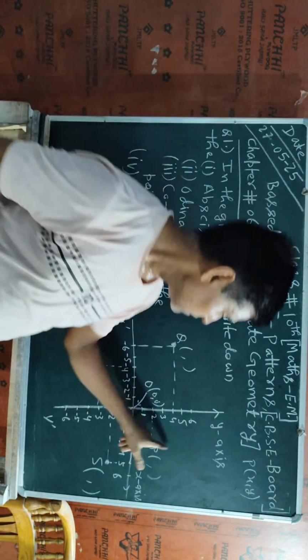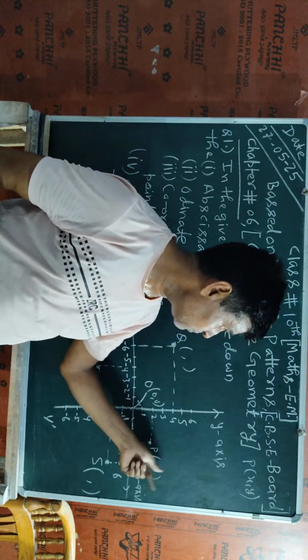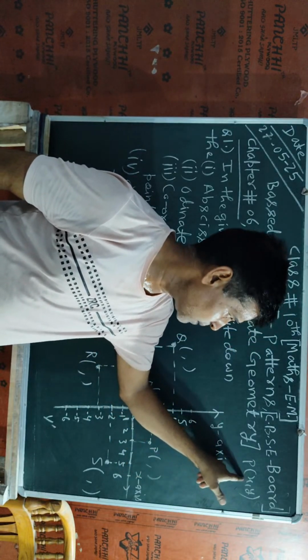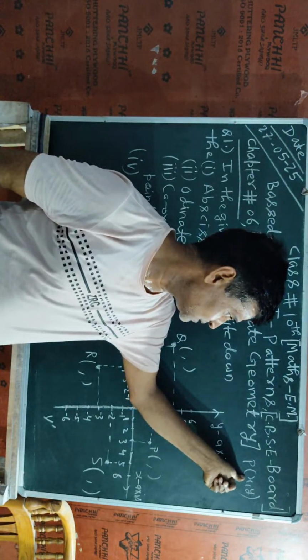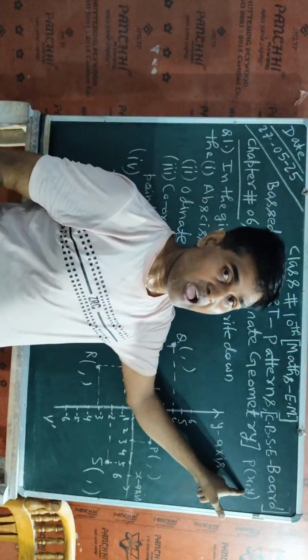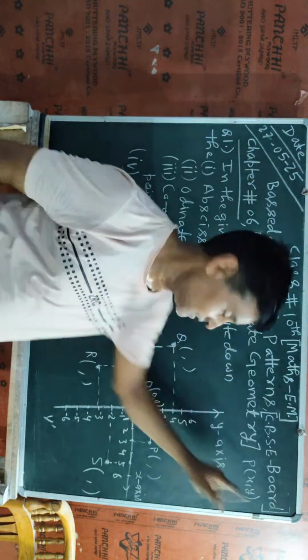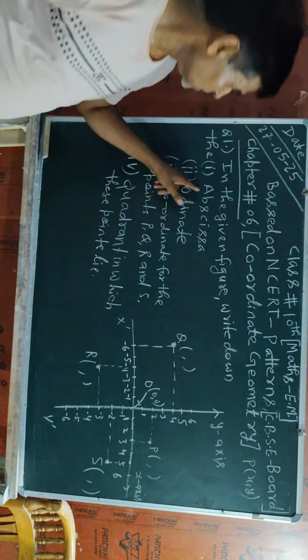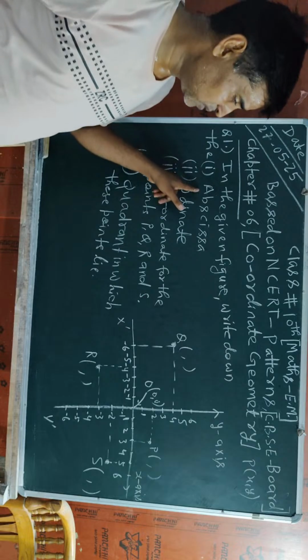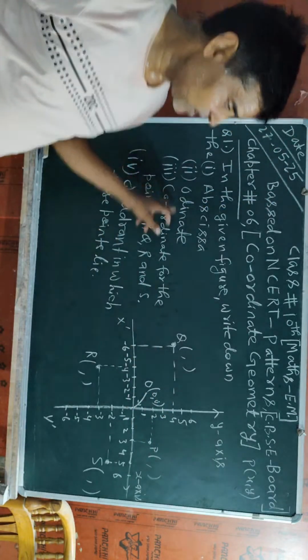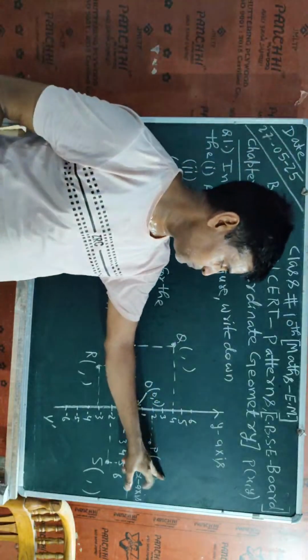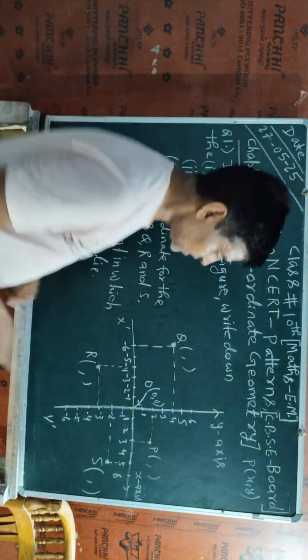Now here the coordinates of P we will write in this form: (x, y). The value of x I know is the abscissa, and the value of y I have to write is the ordinate. So here it says find the abscissa. What will be the abscissa of the point P, and what will be the ordinate of the point P. So here I will say the value of x.